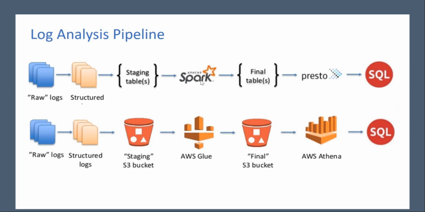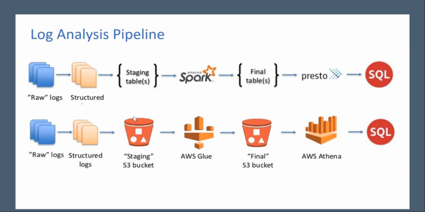Once you stage the data, you use Apache Spark infrastructure, and then you'll be able to load it into final tables. These final tables could be in Redshift or some other data warehouse repository. And finally, using Presto SQL, it can be queried through SQL.